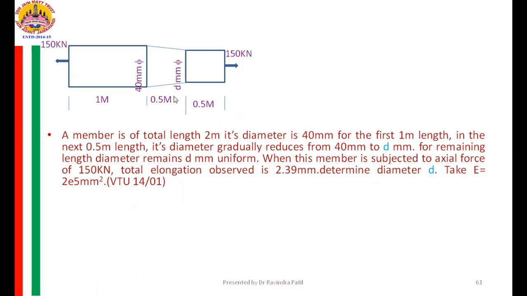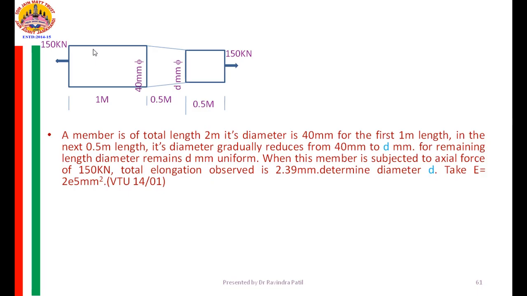The figure is to be drawn by us only. He has not given the figure in the question paper. Now you read the problem and see the figure. You will come to know a member, total length of it is equal to 2 meter. Of that, first 1 meter length is of 40 mm.